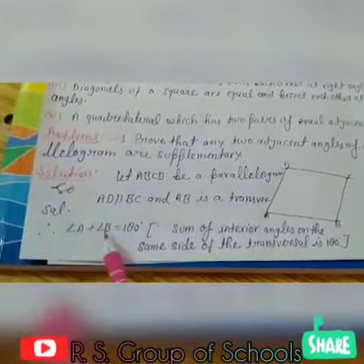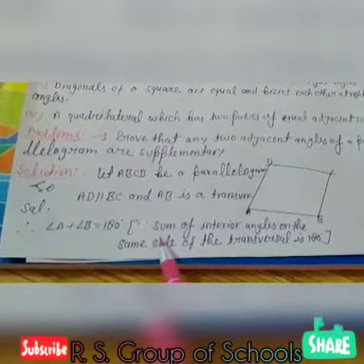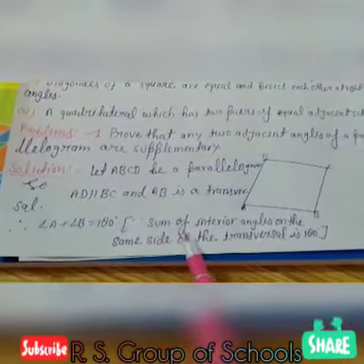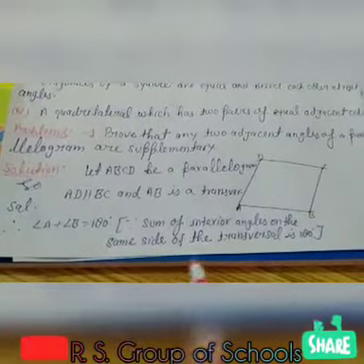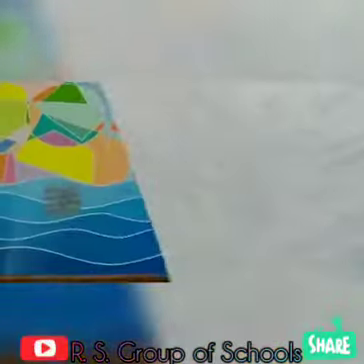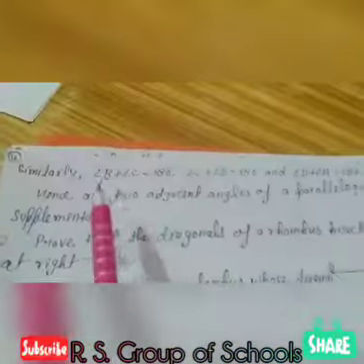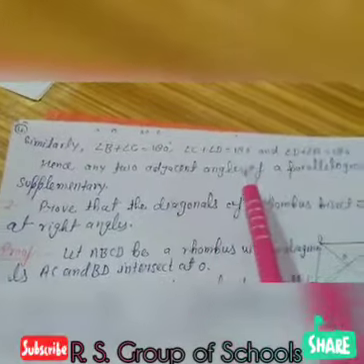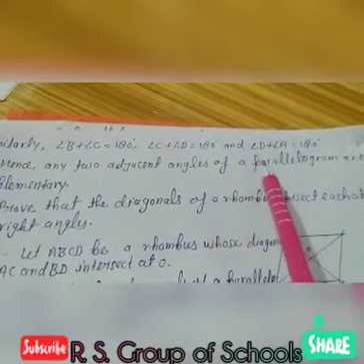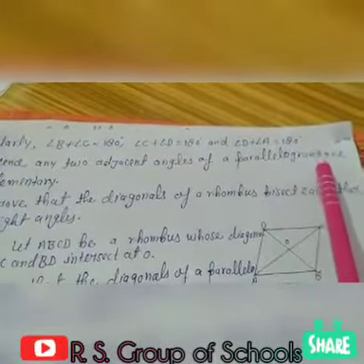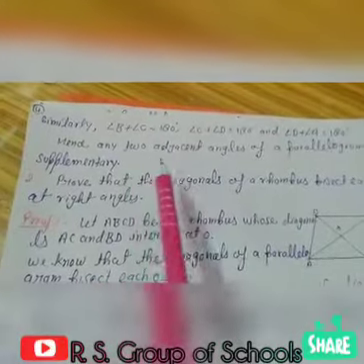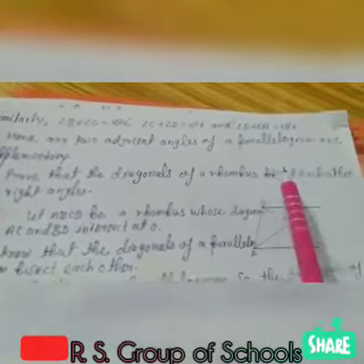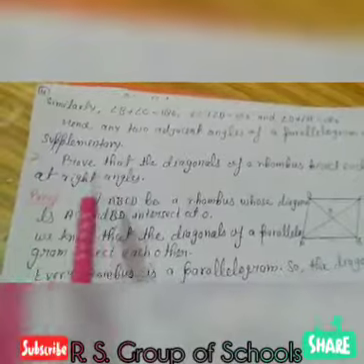So angle A plus angle B is equal to 180 degrees, because the sum of the interior angles on the same side of the transversal is 180 degrees. Similarly, angle B plus angle C is 180, angle C plus angle D is 180 degrees, and angle D plus angle A is equal to 180 degrees. Hence, any two adjacent angles of a parallelogram are supplementary.